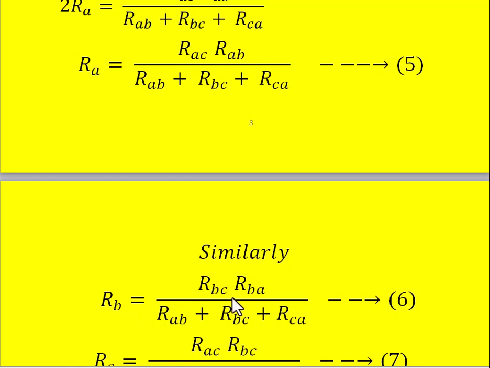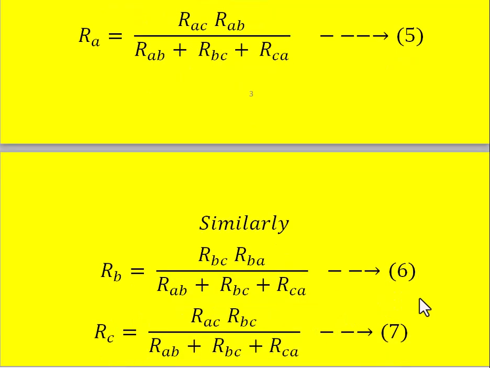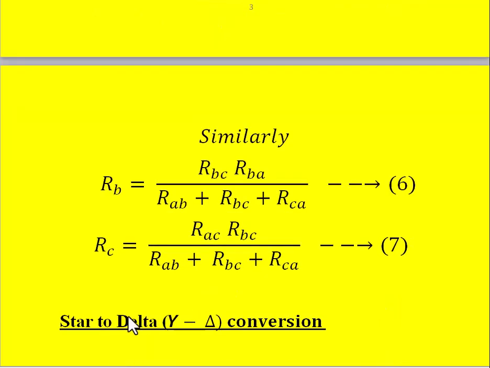So add that C here and A here. So then it becomes the RB value. So this is say equation 6. Similarly, the RC value of star can be calculated like this: RAC into RBC divided by RAB plus RBC plus RCA. Say this is equation 7.